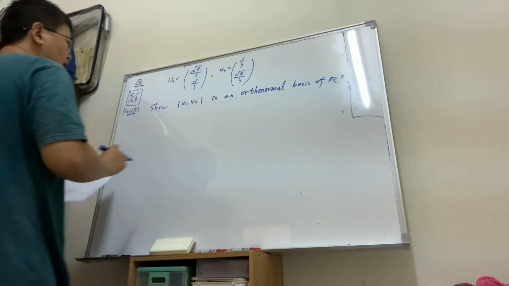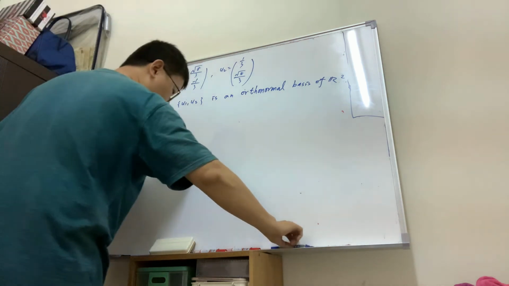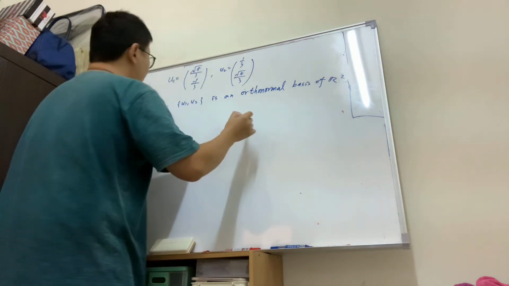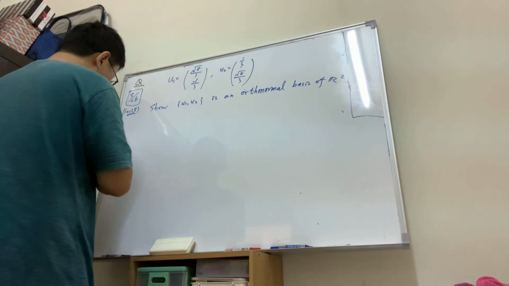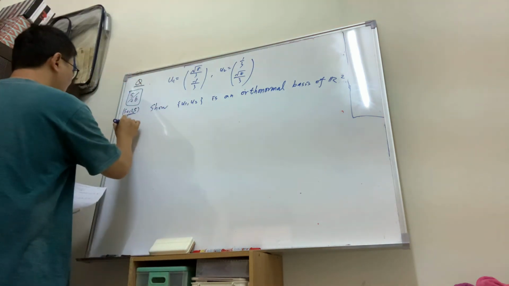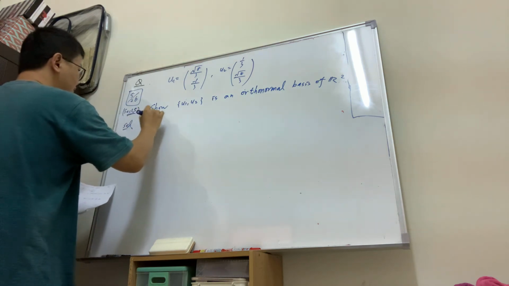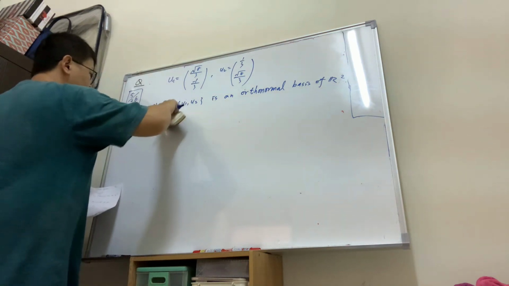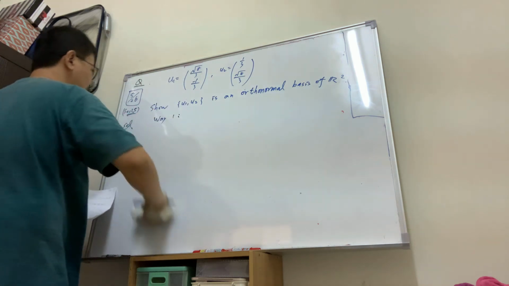Okay, actually we have a well-known result about orthogonal matrices. Let me tell you later if we use that result. So we have two ways to solve it. The first way is by definition.